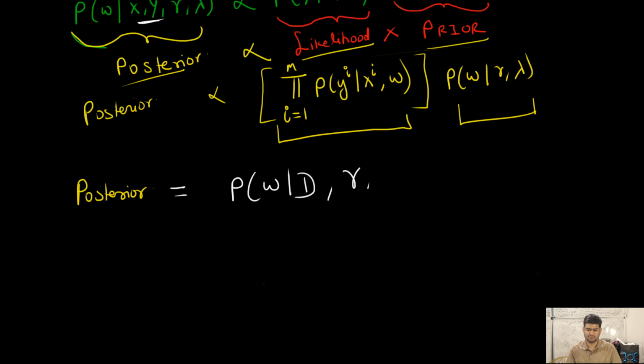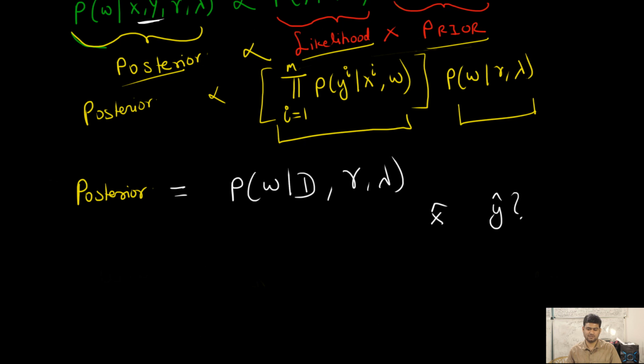The hyperparameters are not random variables, they are just some hyperparameters that are controlling the distribution. So given the data set and the hyperparameters gamma and lambda, let's suppose we observe a new input x hat. Then how can we predict the y hat?